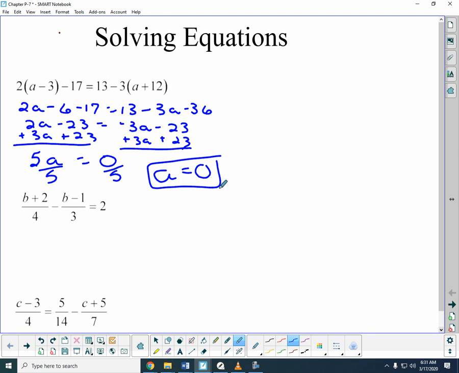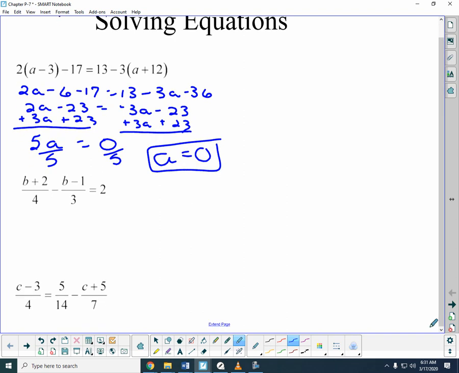So the next thing I want to do is take a look at the next equation, which deals with fractions here. First of all, when I see the fractions, I never subtract a fraction. I always add the opposite. So I'm going to add the opposite here.